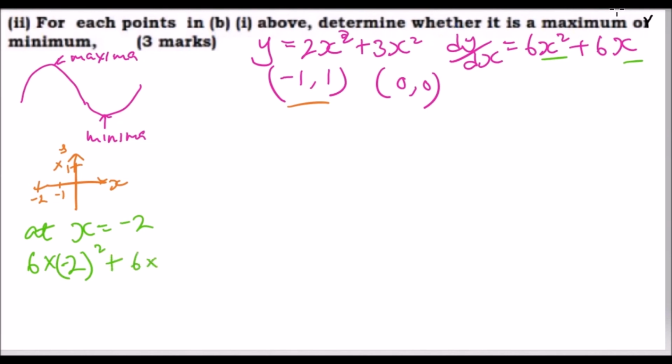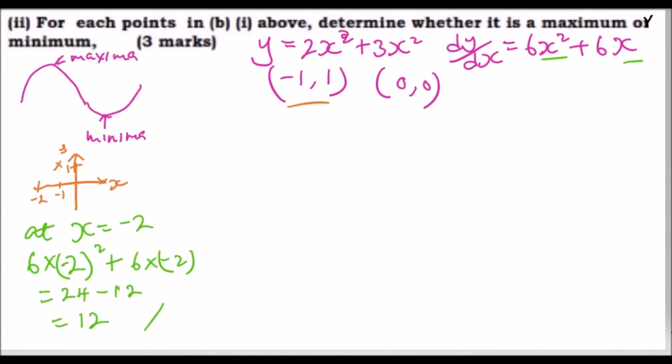This will be 4, that times 6, that is 24, and this will be minus 12, and this will give us 12. So we can say the gradient here is positive, and the nature of the gradient is of this form. When it is negative, the gradient takes that shape.